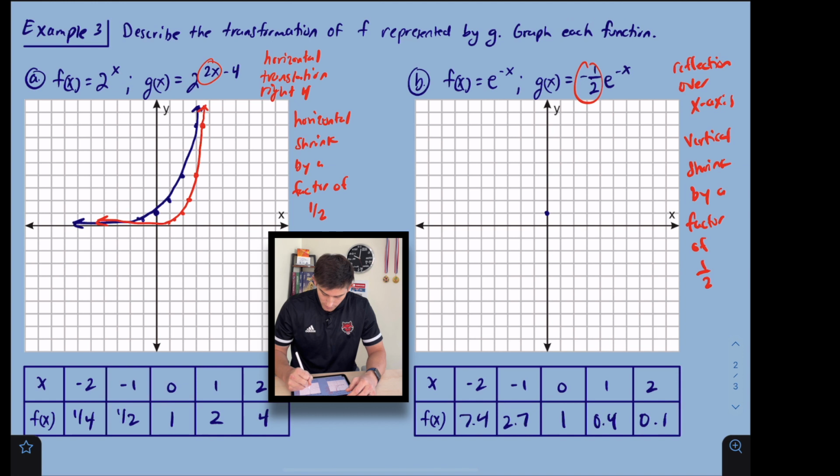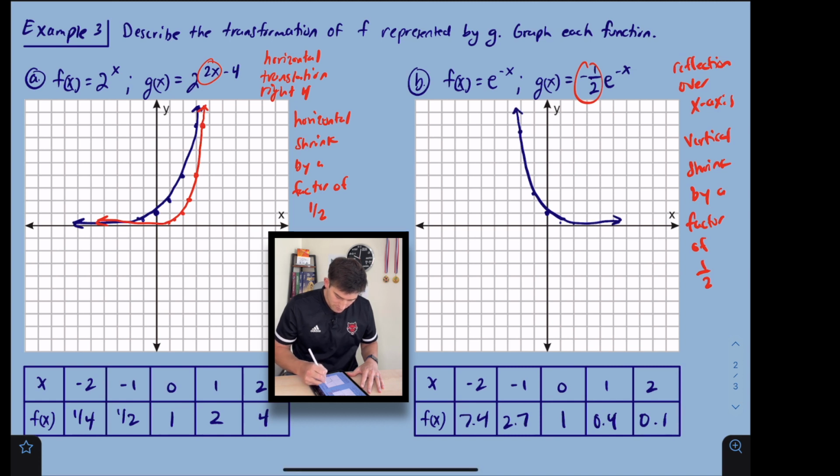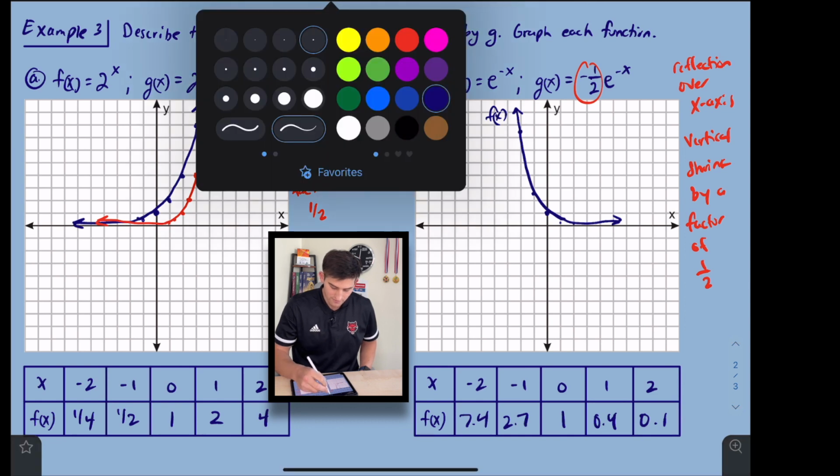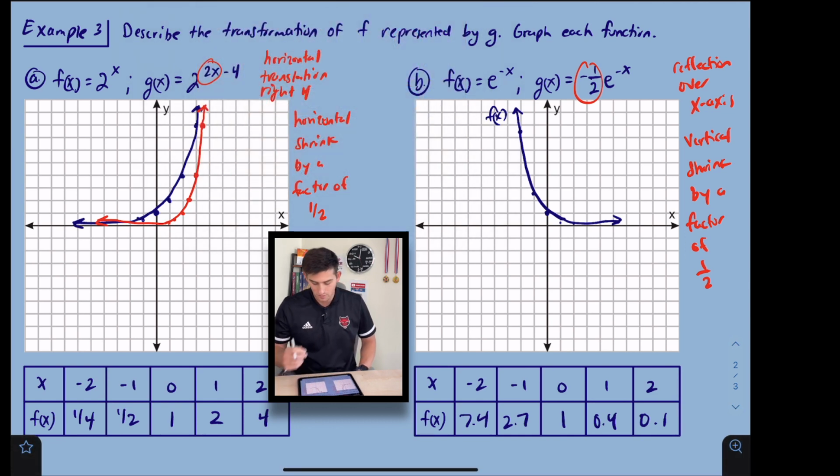All right, so 0, 1, but now we have -1, 2.7, maybe like right in there. -2, 7.4. All right, and then these points down here, really close to the x-axis. Okay, so here's our original graph. Kind of missed a couple of those points there, but that's okay. All right, so this is our f of x graph right here for part B.